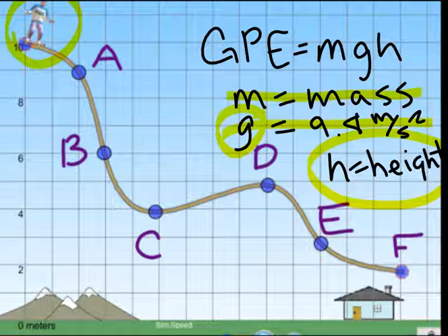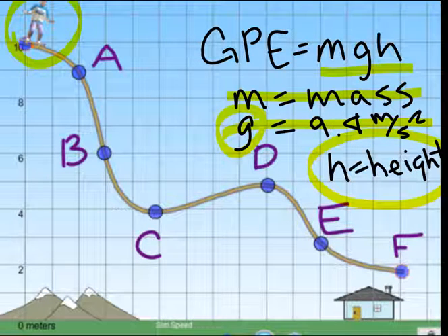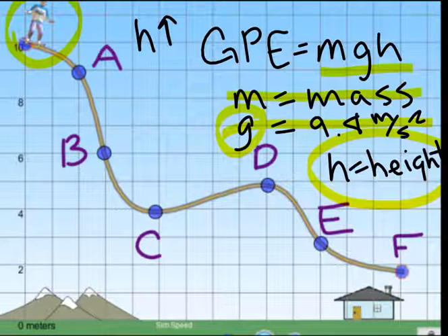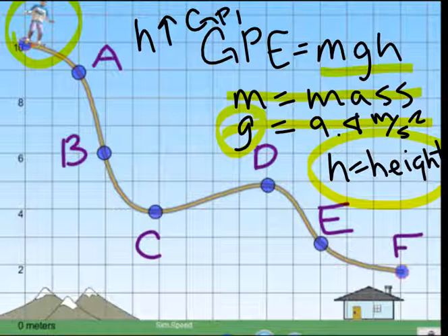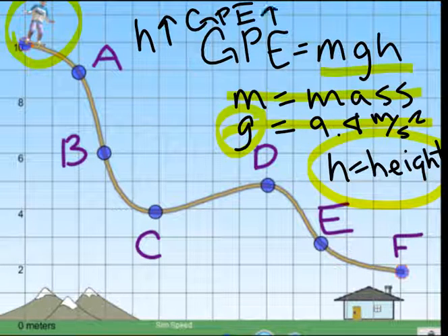So we can look at this, and we can see that height is going to be multiplied with all these other things to get our gravitational potential energy. And that means that as h goes up, then our gravitational potential energy will also go up. Okay, that's our relationship there.